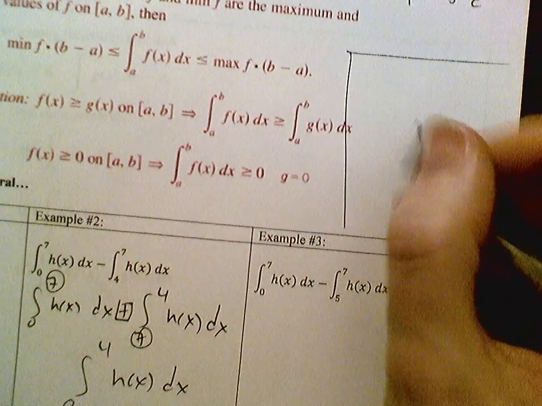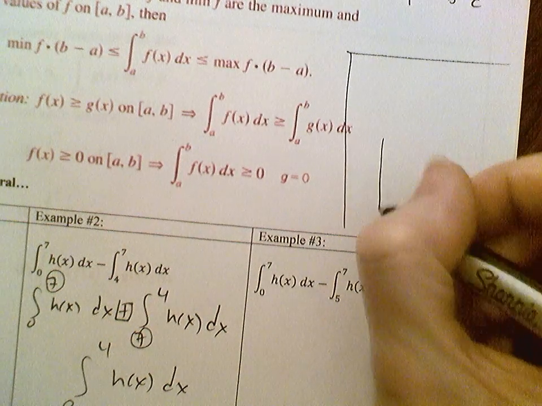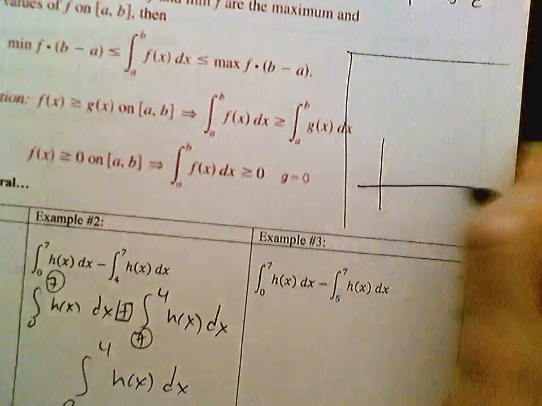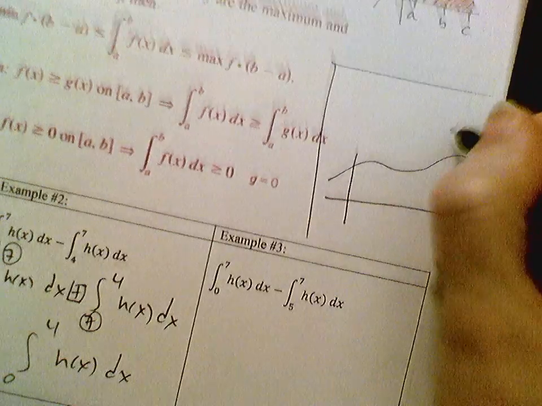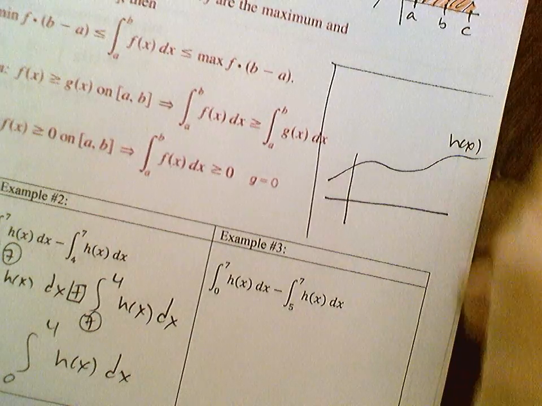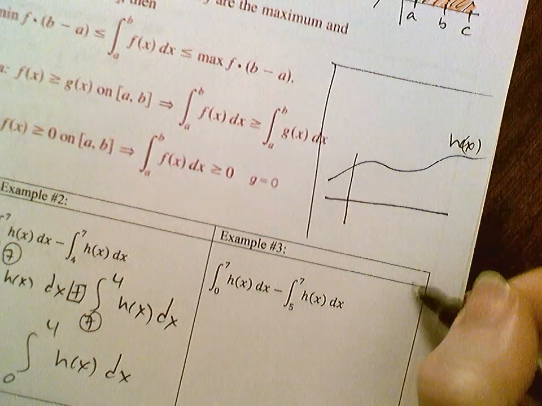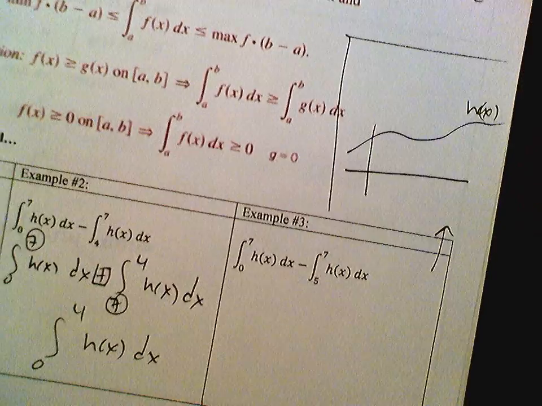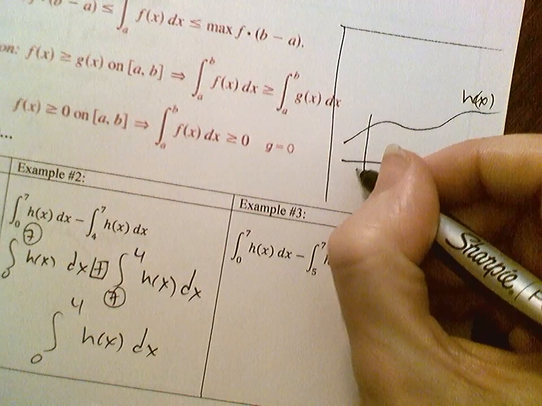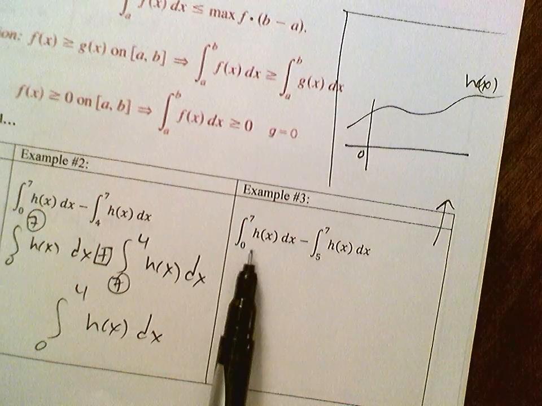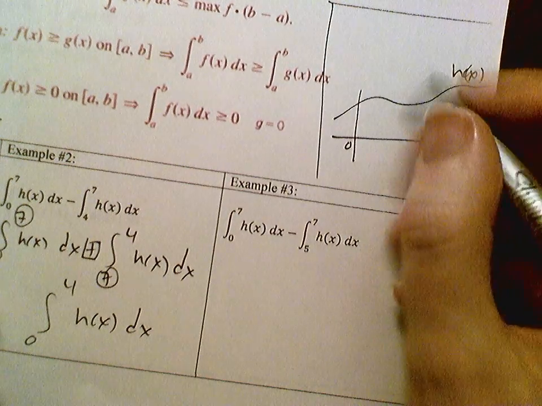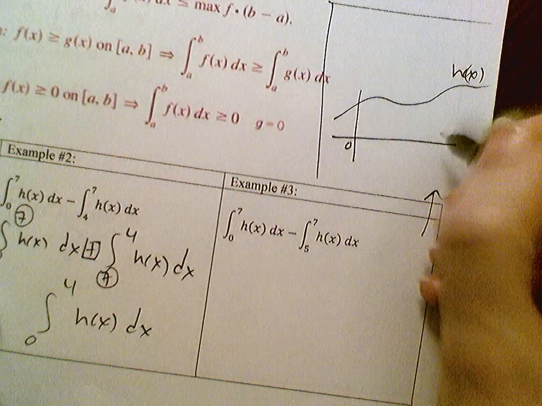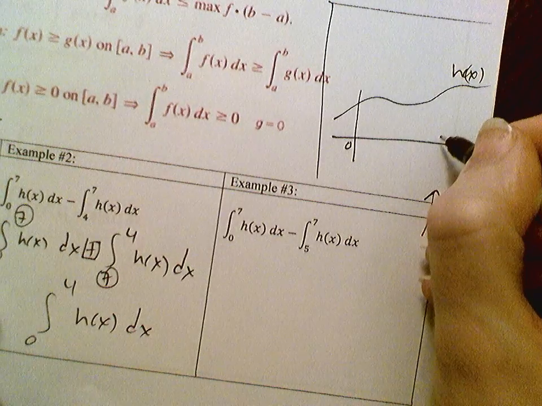So let's assume that h of x is just some continuous function like that. H of x. All right. And I want to look at these intervals underneath h of x. I want to look at 0 to 7.